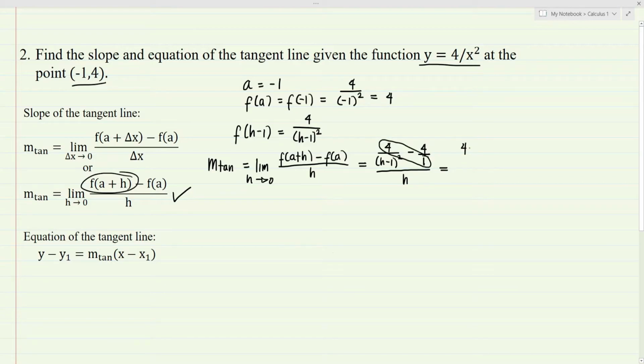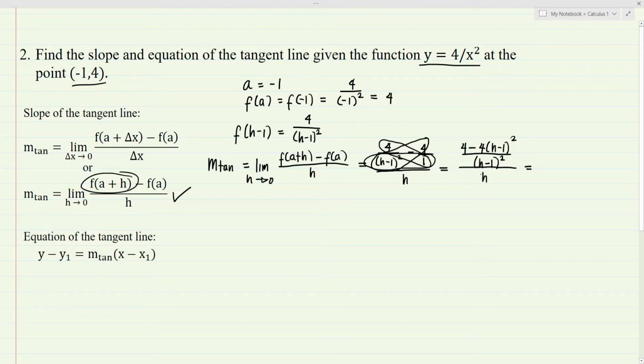Copy the operation, minus, then multiply 4 and h minus 1 squared. I would have 4 times h minus 1 squared, then divided by the product of the denominators, and that would just be h minus 1 squared. Then divided by h. Now to further simplify this one, we have a division of fractions.